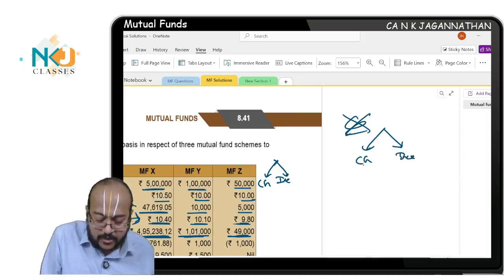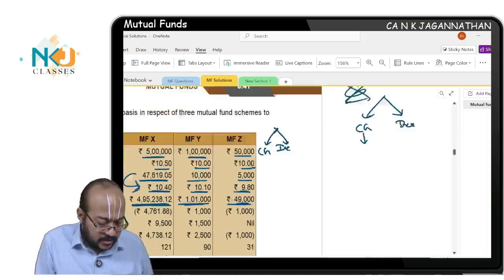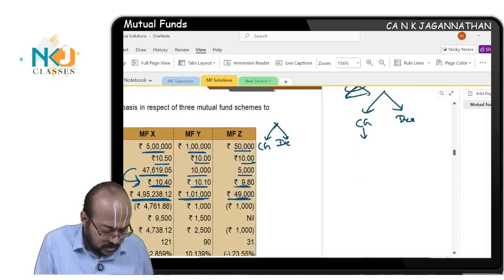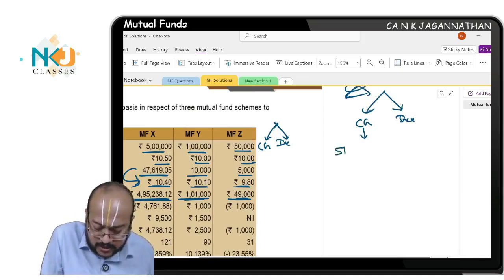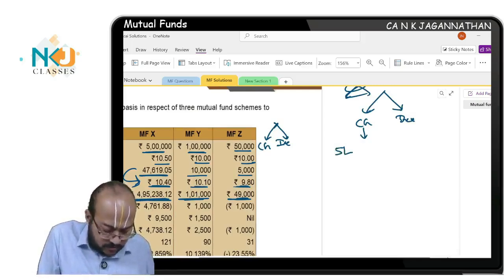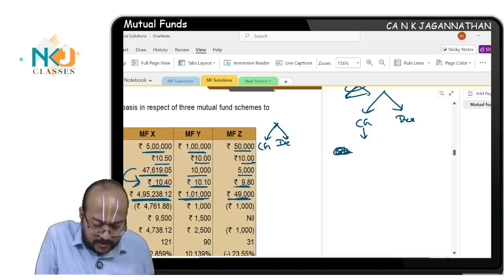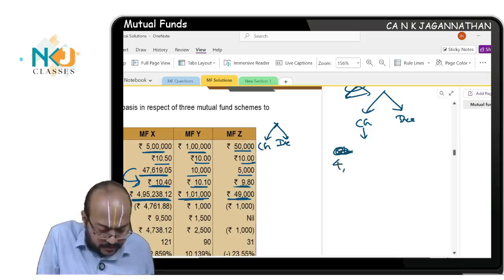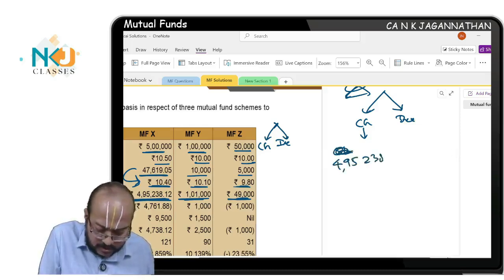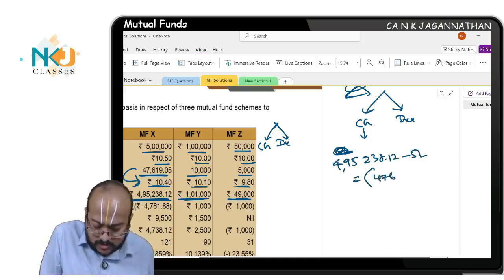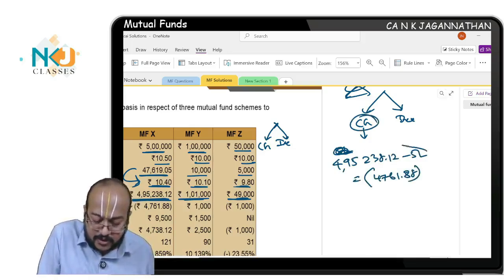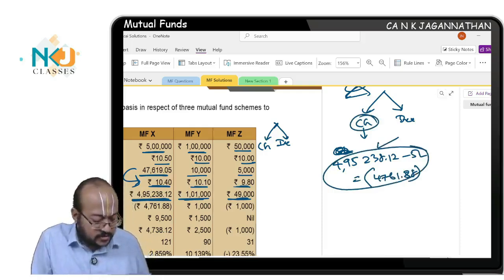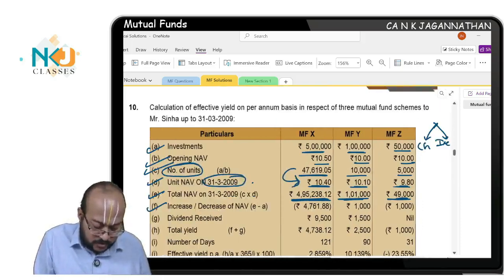This capital gain is also unrealized capital gain, you see how much the change is. The value was 5 lakh rupees you invested initially. It became 4,95,238.12. Minus 5 lakhs, how much are you getting? Minus 4,761.88. This is with respect to unrealized capital gains. Are you all understanding? Next, come to income. They have already put it here.